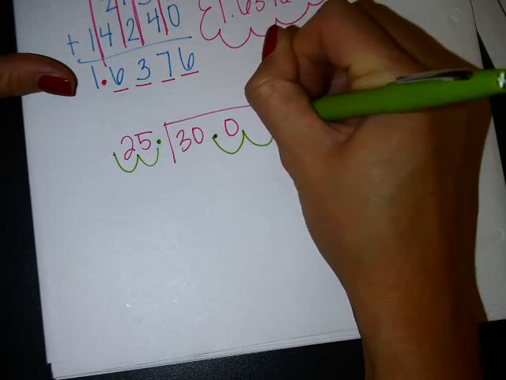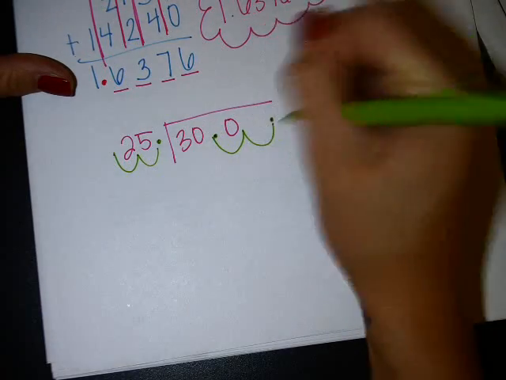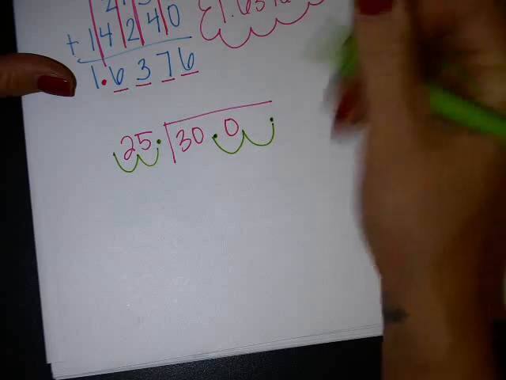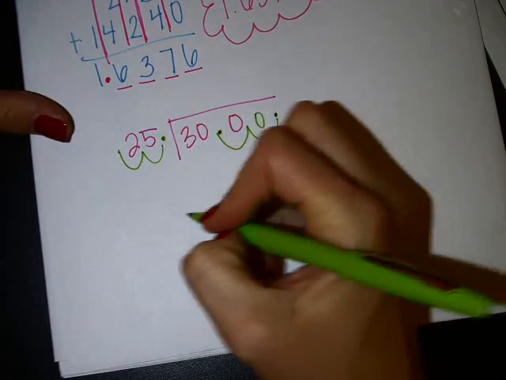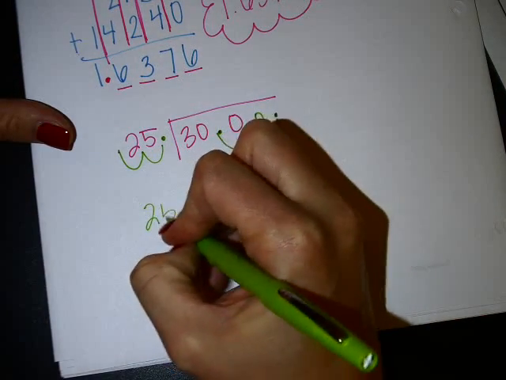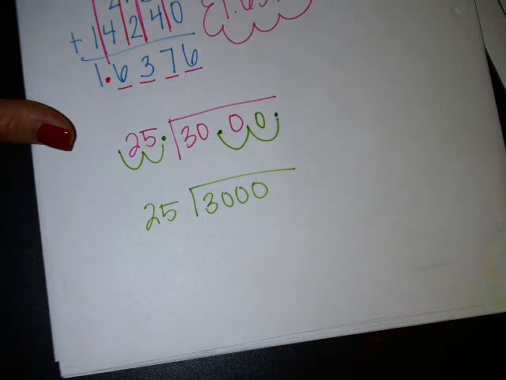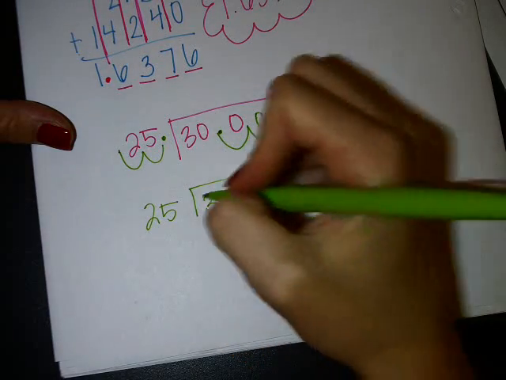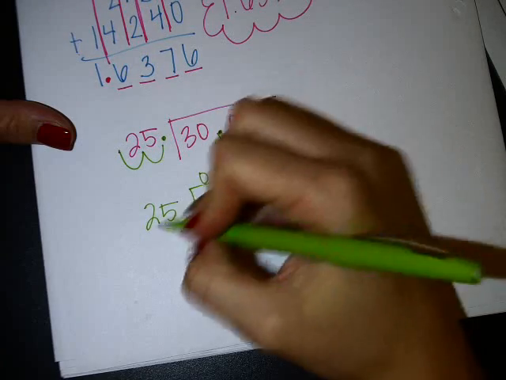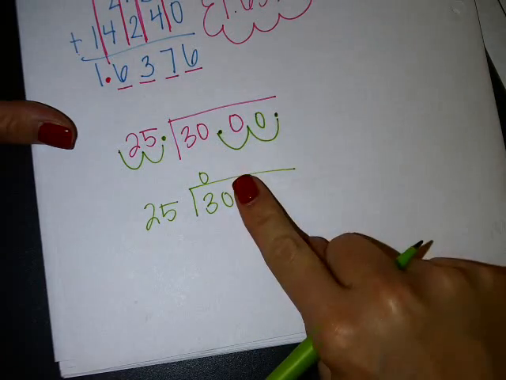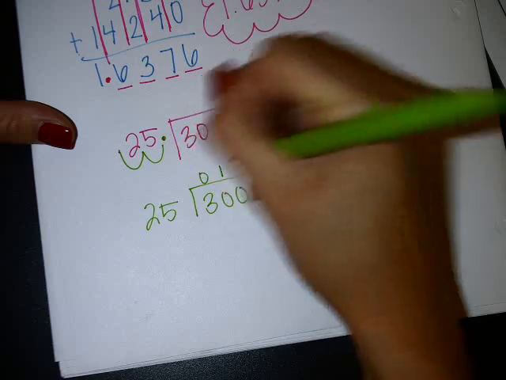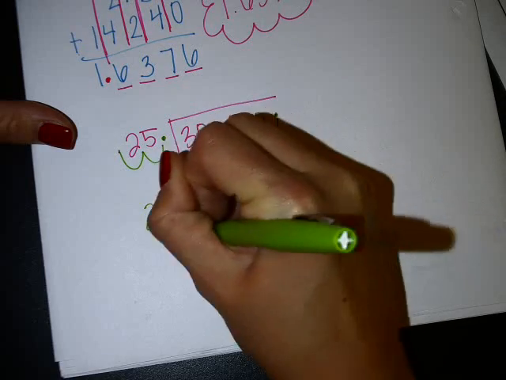Okay, anytime I've created one of those empty little scoops, I drop a 0 down in there. So really now what I have is 25, and then out here I've got a 3,000. Okay, well, 25 can't go into 3, but it can go into 30 once, giving me 25.